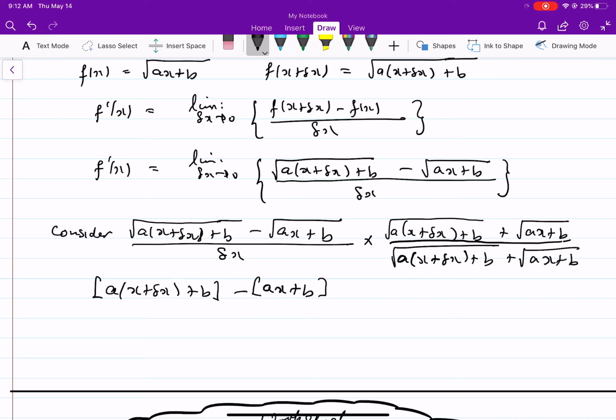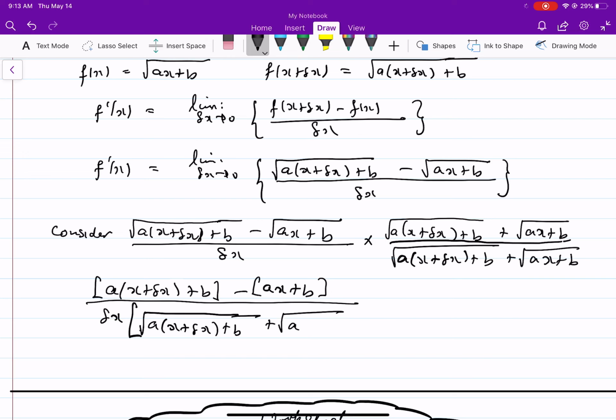So the numerator has been simplified a bit. And in my denominator, I have delta x times the root of a into x plus delta x plus b plus the root of ax plus b.